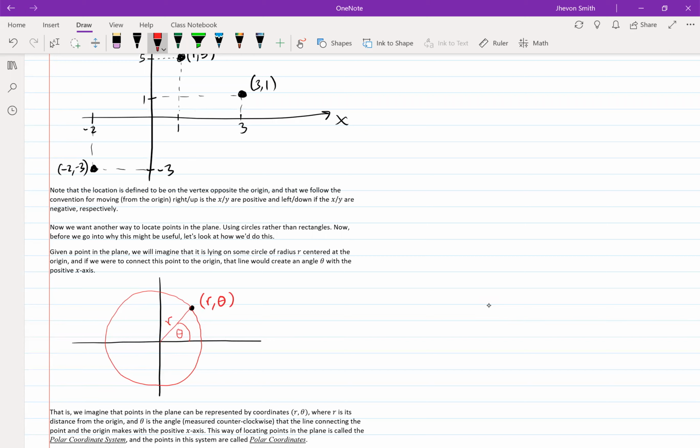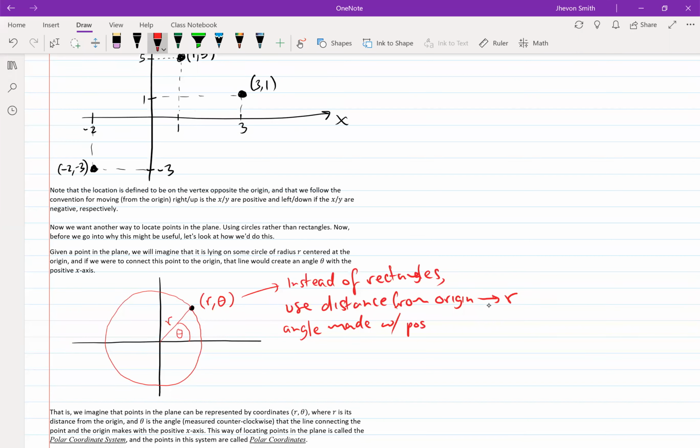So now instead of rectangles, we use a distance from the origin, which is what we call r, and then the angle made with the positive x-axis, which we will call theta, right?